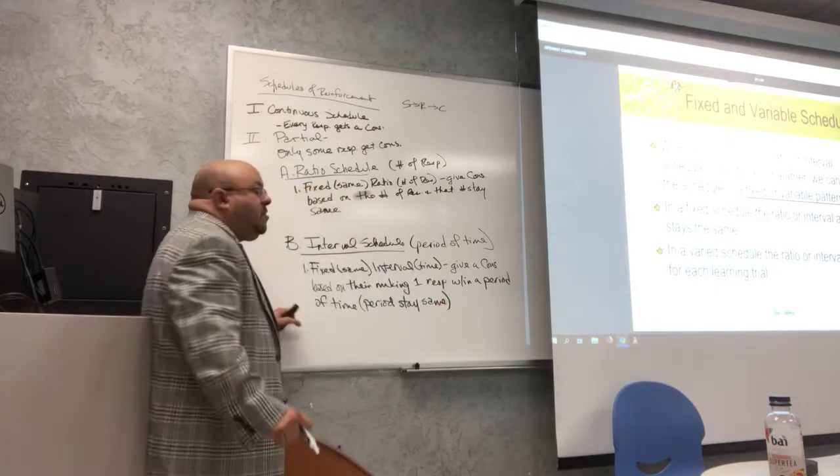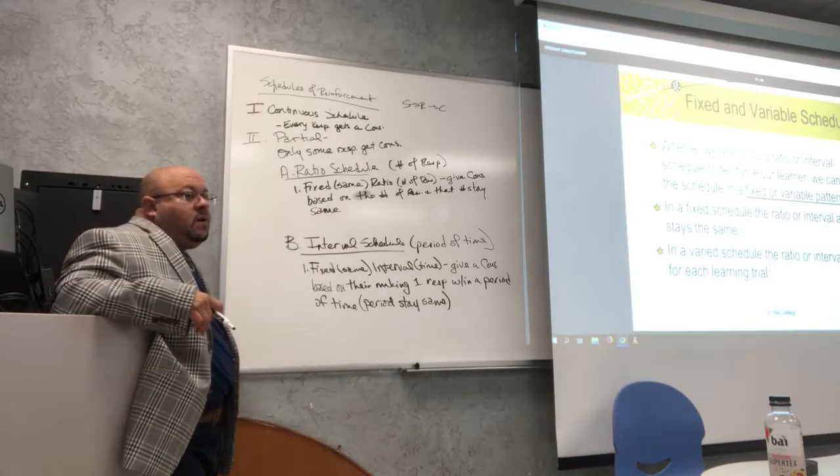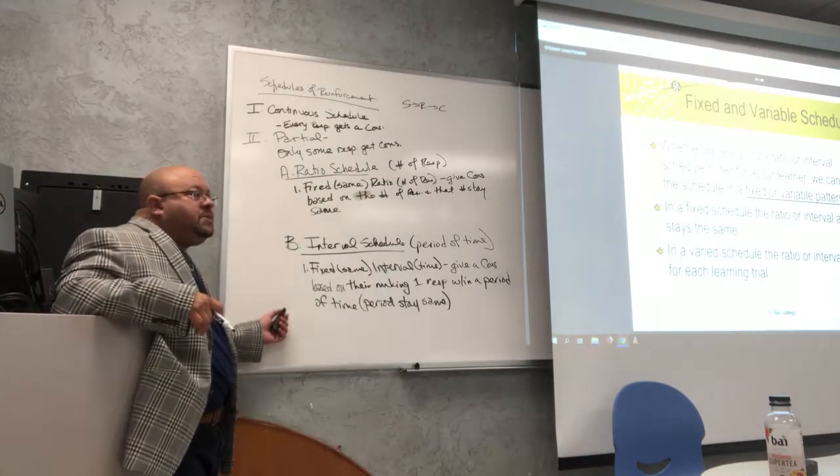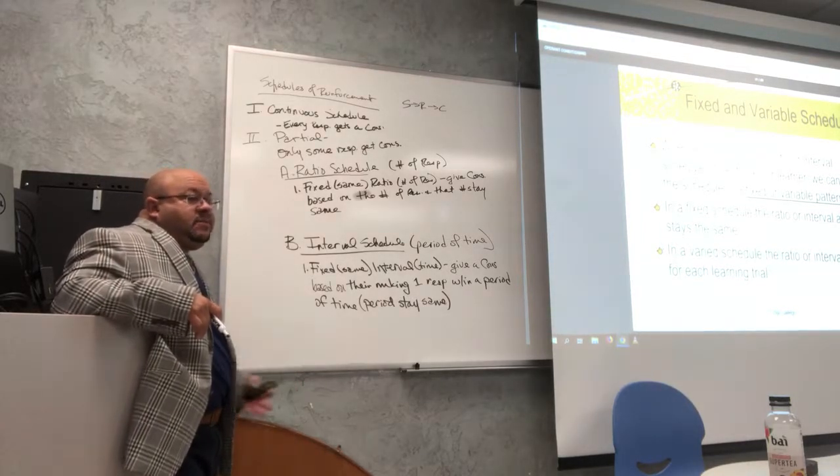So I might give my learner a consequence, a reward for pressing the bar once in 3 minutes, and it's always going to stay at 3 minutes, at 3 minutes, at 3 minutes.